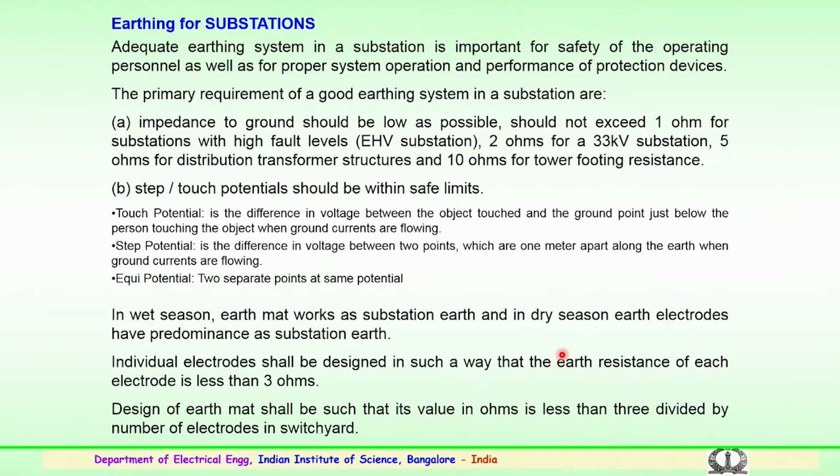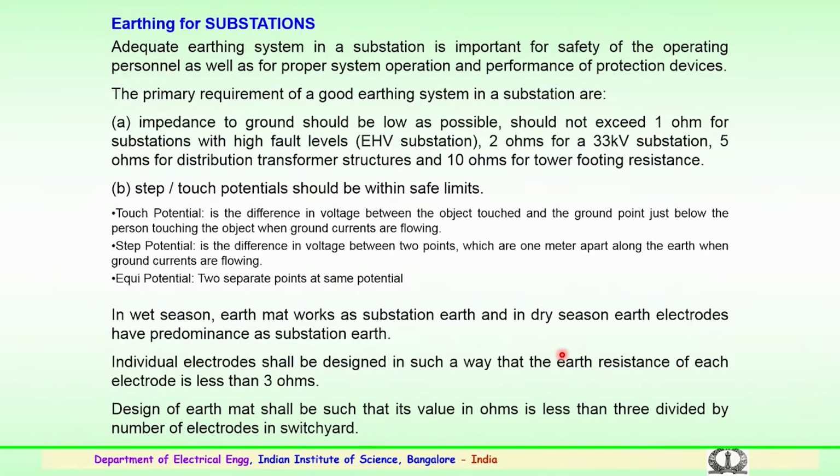So, usually during wet or rainy conditions the earth mat works in a substation, and in the dry season the earth electrodes have predominance as the substation earth.